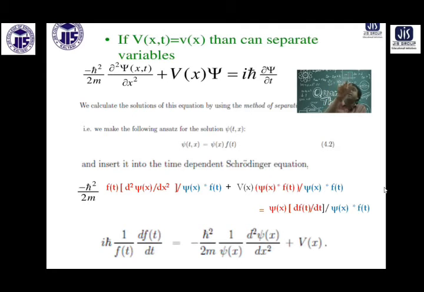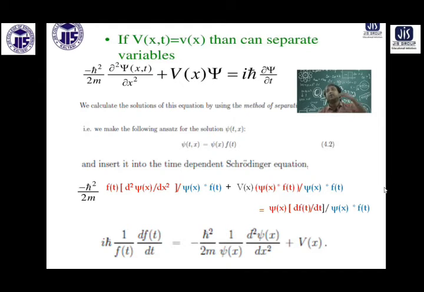So f of t and f of t will cancel, it is 1 by psi d2 psi dx2, and Vx, both the terms are there, you can see it is 1, and on the right hand side the time dependent term is i h cut 1 by f of t df dt. You can see there.